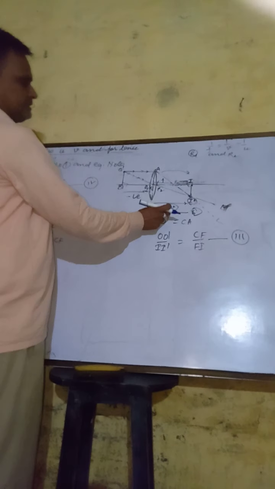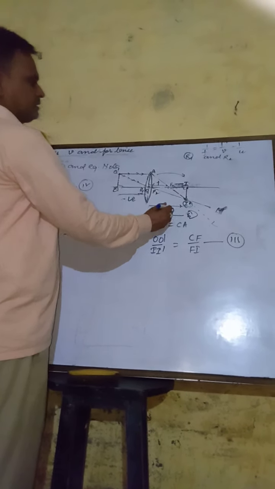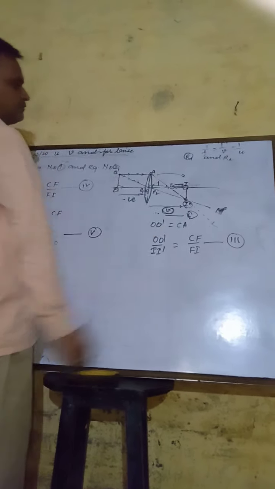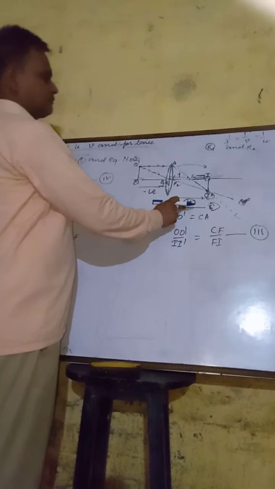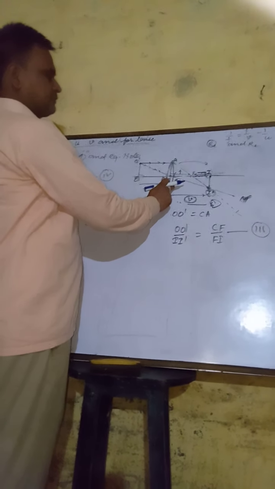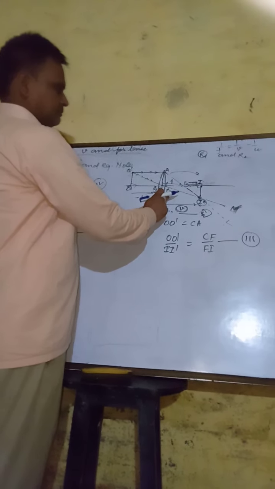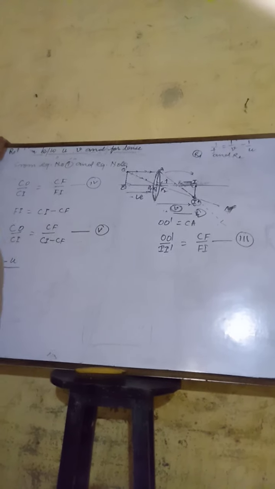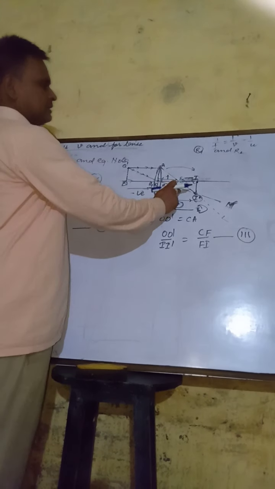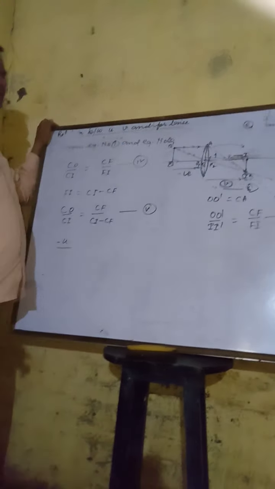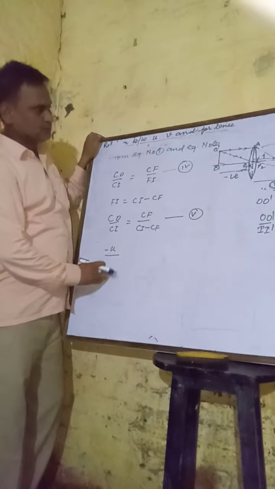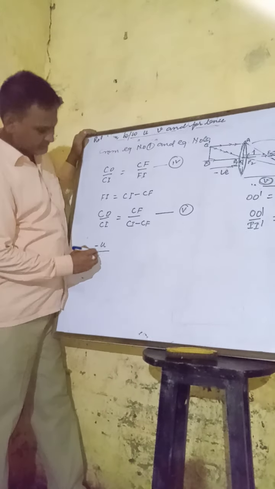CI is the distance of the image from the lens, and it is measured to the right hand side, so its value is positive.